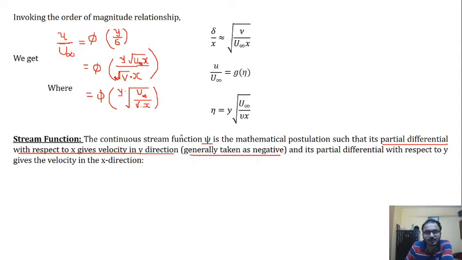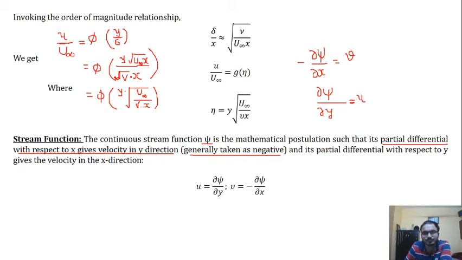So del psi over del x gives velocity in the y direction with a negative sign, and its partial differentiation with respect to y, that is del psi over del y, gives u. The same thing is written over here also based on the definition of stream function.